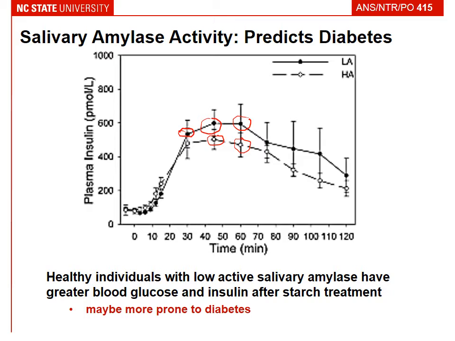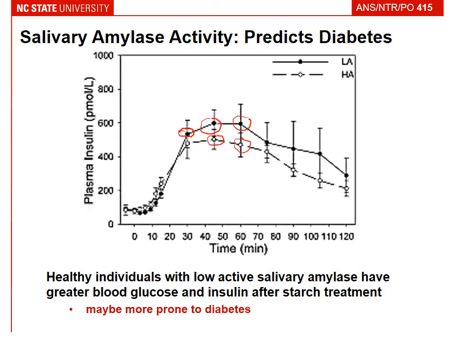They also did a glucose tolerance test where it was just glucose, and there was no difference in the amount of plasma glucose or insulin between these two groups if it was just glucose. So therefore, the authors concluded that these healthy individuals that had low salivary amylase must have a greater risk for diabetes.